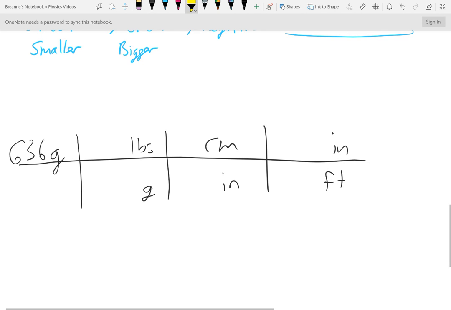So we have to make sure that everything cancels. So grams cancel, grams cancel. I forgot to write centimeters down here. 1 centimeter. Centimeters cancel, centimeters cancel, inches cancel, inches cancel. So therefore, our answer is going to be pounds per feet. And that's what we wanted.